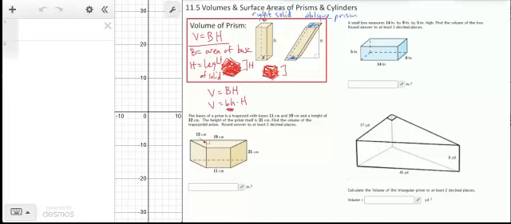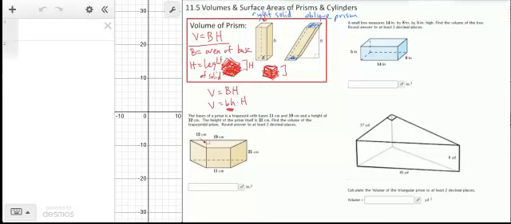Oblique just means not right. If you're talking about angles, you have three classifications that we discussed: acute, right, and obtuse. So oblique would be obtuse and acute, the ones that are not right. Okay, so oblique prism just means the bases aren't stacked vertically.